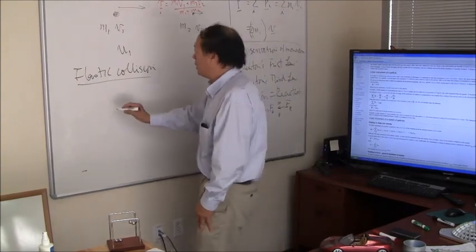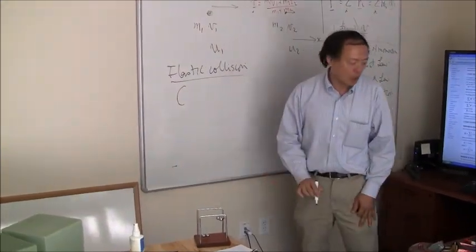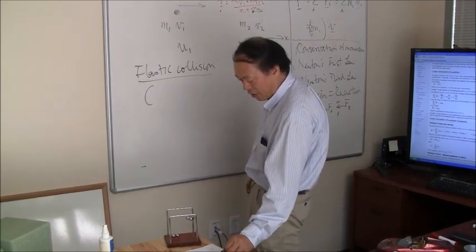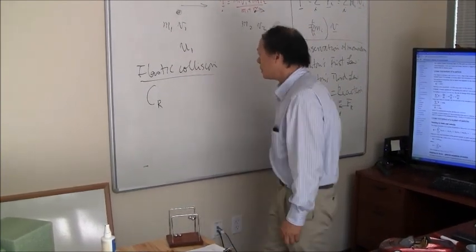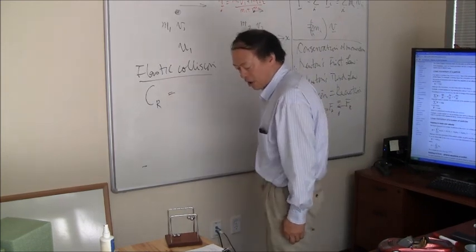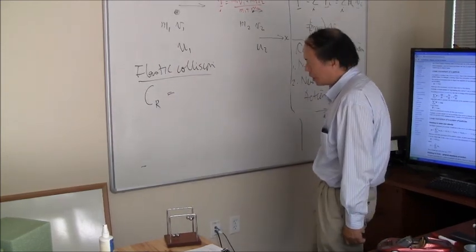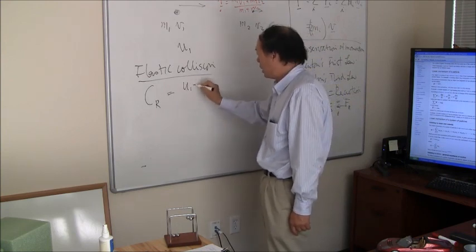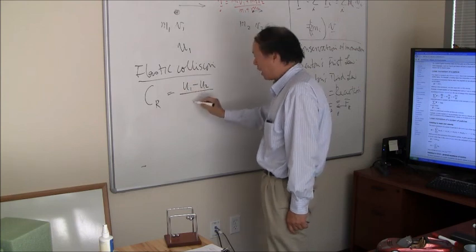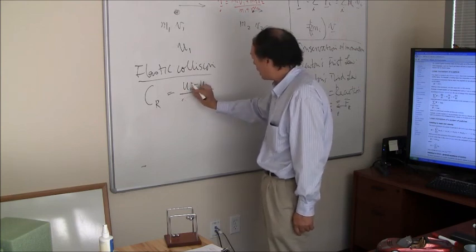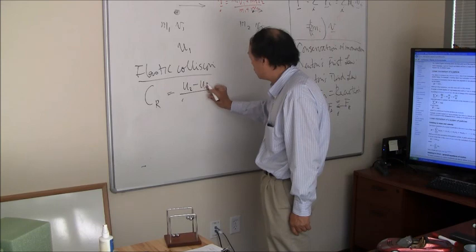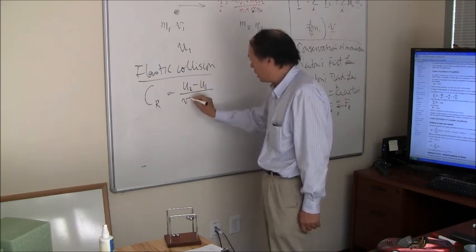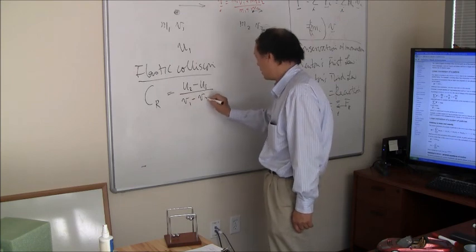Now, there's something called the coefficient of elasticity, given by the formula C_R. In this case, after the collision you have the velocity u2 minus u1, divided by v1 minus v2. Okay?